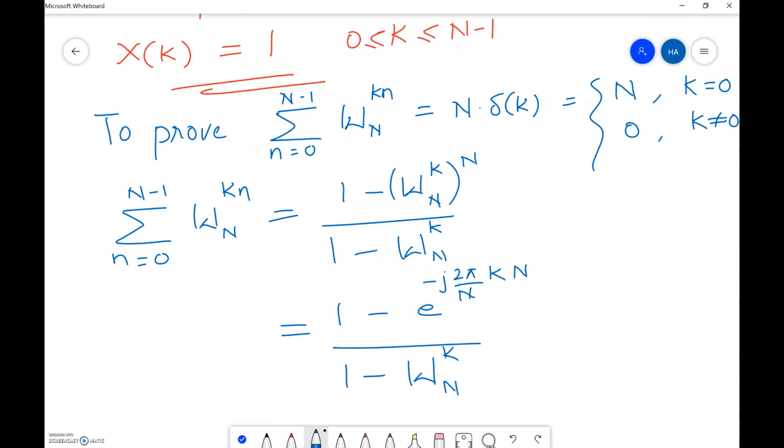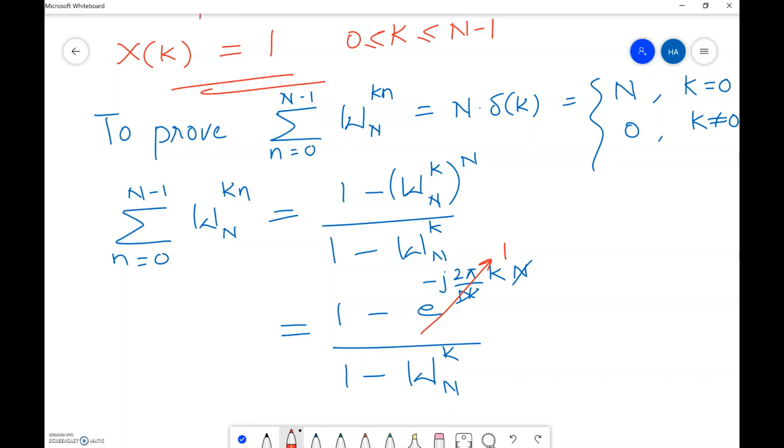So in the numerator, the capital N will get cancelled, and e to the power minus j 2 pi k, as you all know, will be equal to 1. So the numerator becomes 0.